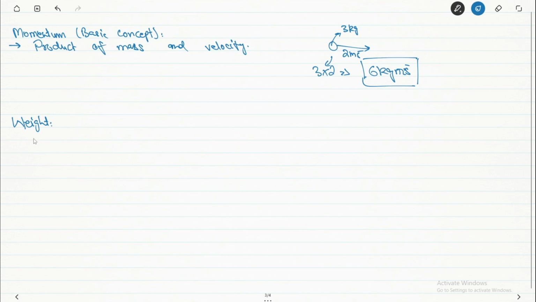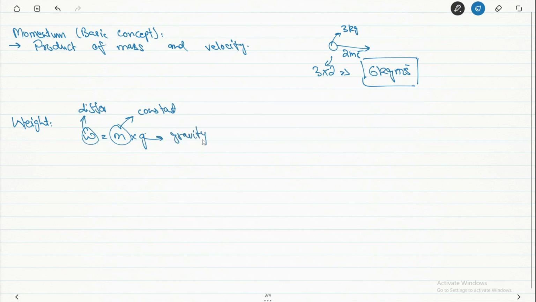And now on to weight. So weight is, most of you probably know this, the product of mass into acceleration due to gravity, right? The difference between mass and weight basically is that your mass will always be constant, but your weight can differ based on gravity, right?